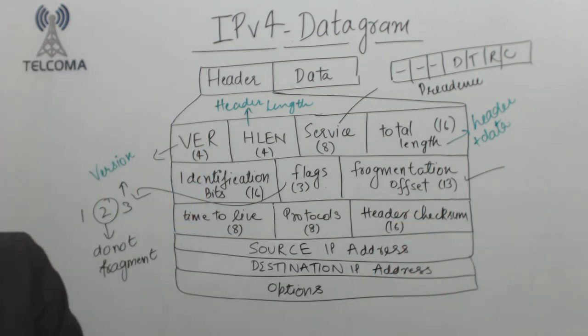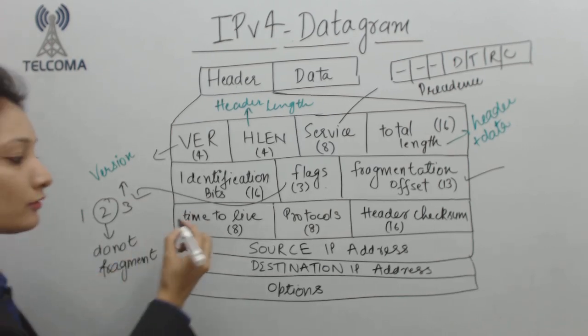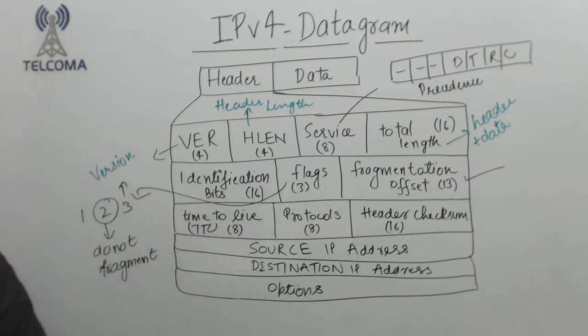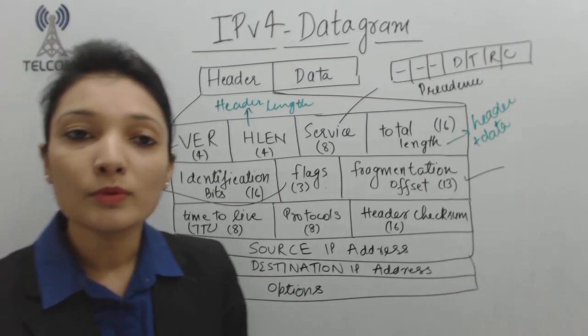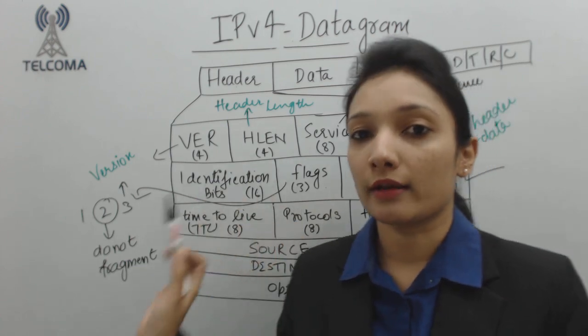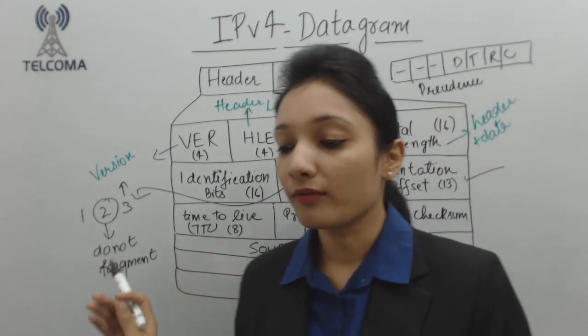Next we have the field time to live, also called TTL. Time to live basically specifies the lifetime of a packet.